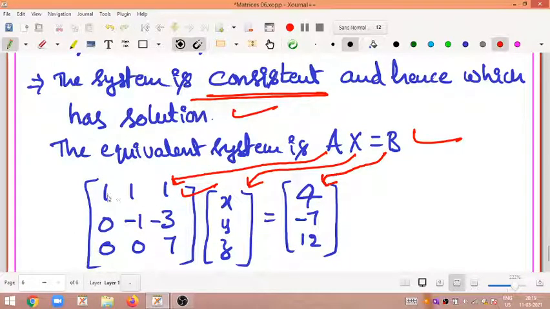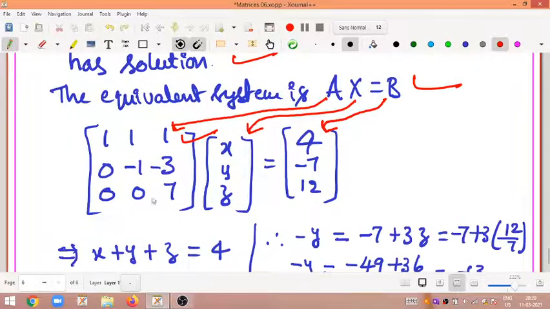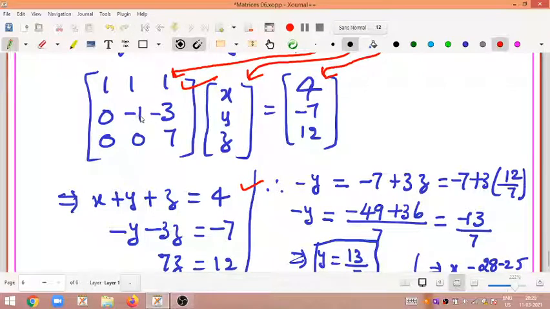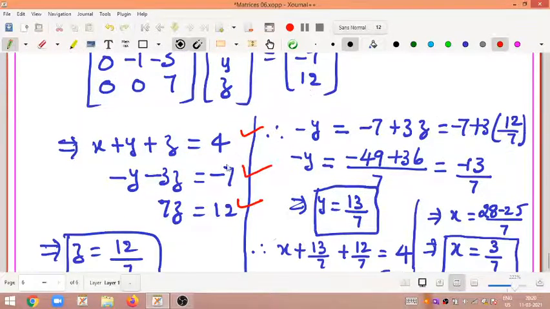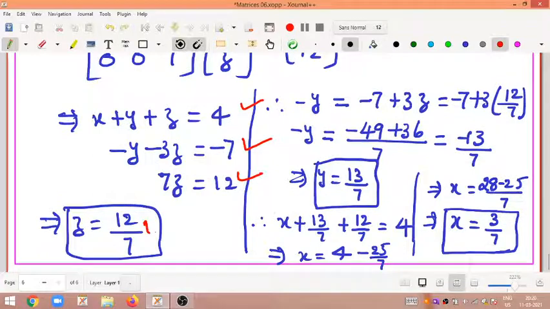So by multiplying, X plus Y plus Z is equal to 4. Again, minus Y minus 3Z is equal to minus 7. And 0 into X, 0 into Y, plus 7Z is equal to 12. 7Z is equal to 12. So Z is equal to 12 by 7.